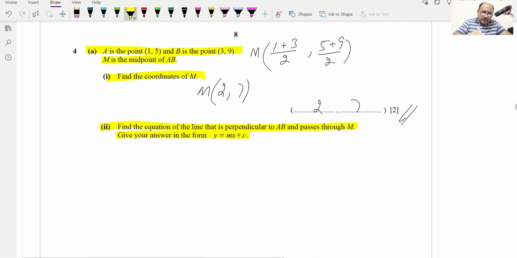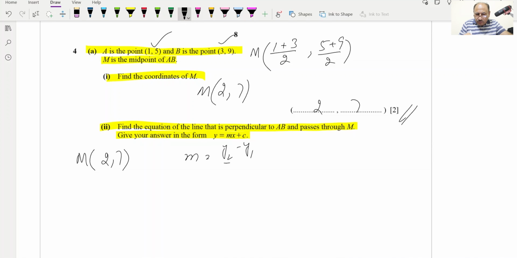Now M is given, which is 2 and 7, which we just calculated in part 1. Now we can find the gradient of these 2 points provided over here, which will be equal to y2 minus y1 over x2 minus x1, which is equal to 9 minus 5 over 3 minus 1.